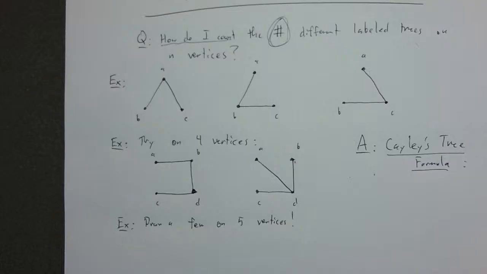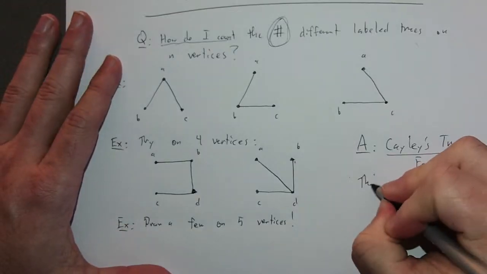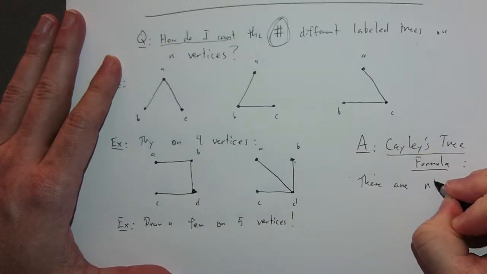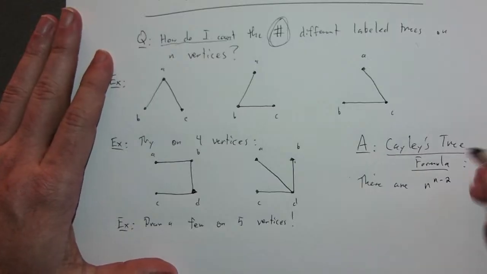So what does Cayley's tree formula say? There are n to the n minus 2 distinct labeled trees of order n.